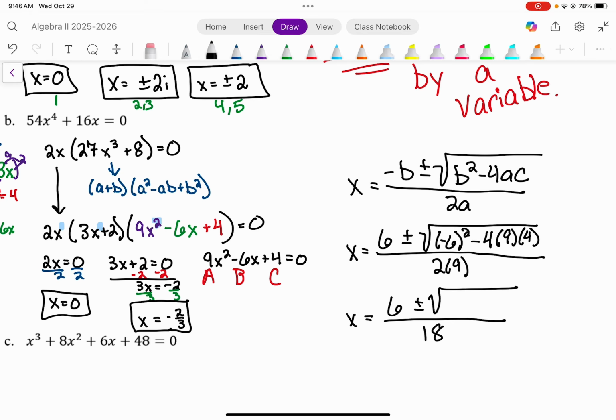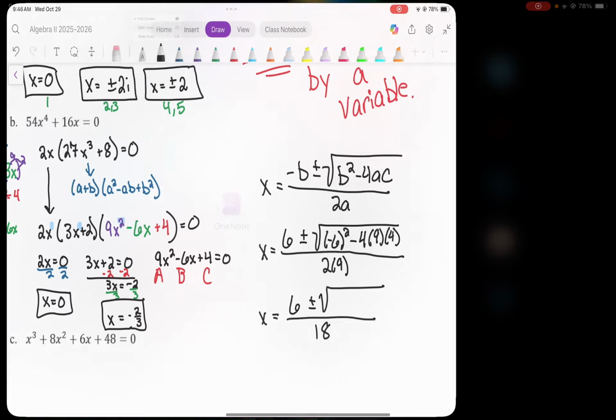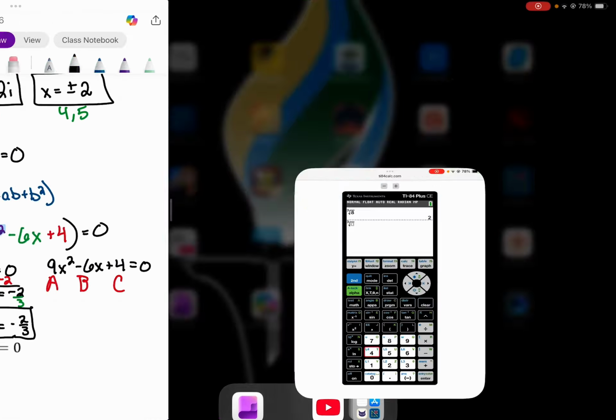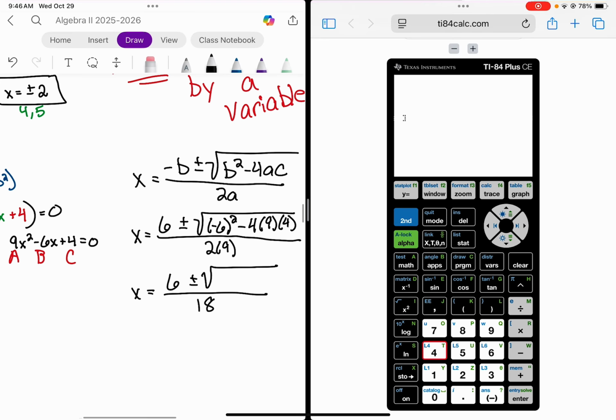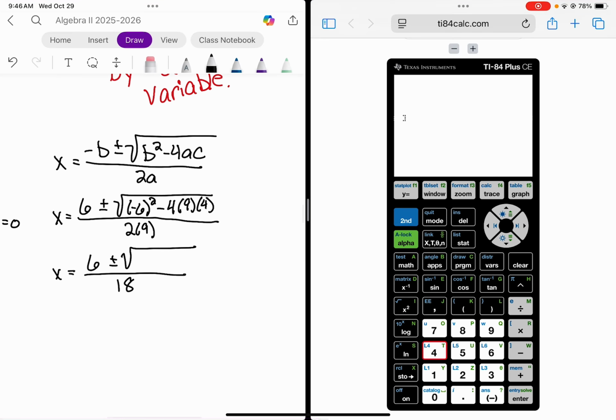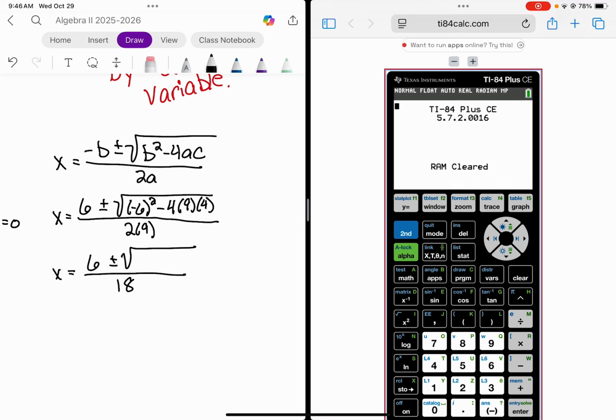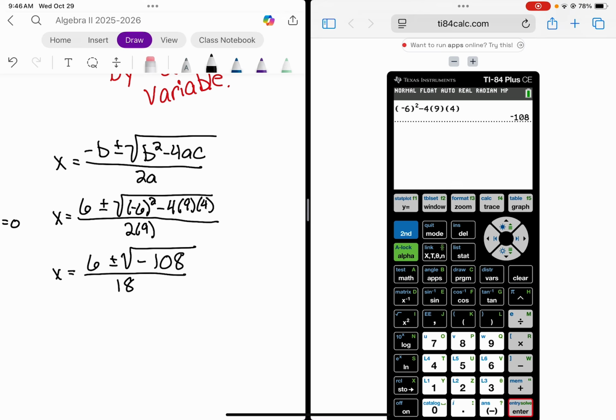So you're going to grab your calculator, or you can do it by hand if you want. In our calculator, we're going to type in negative 6 squared, then minus 4 times 9 times 4. It comes out to negative 108.